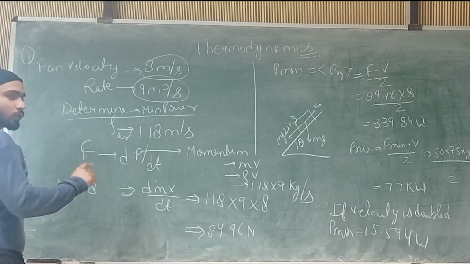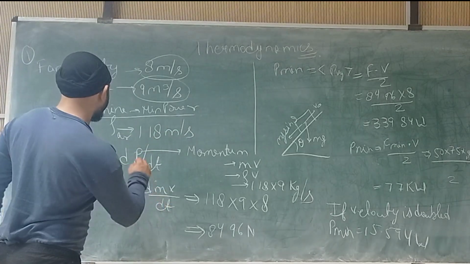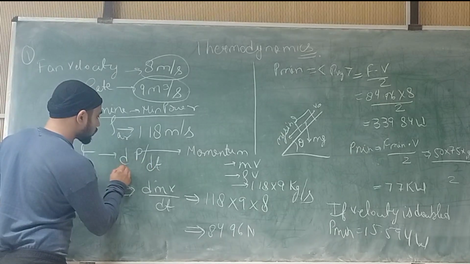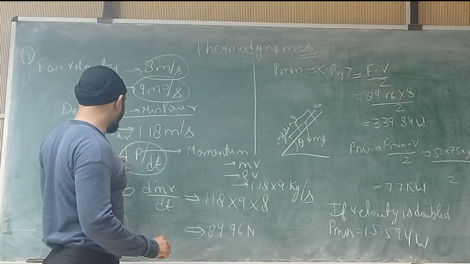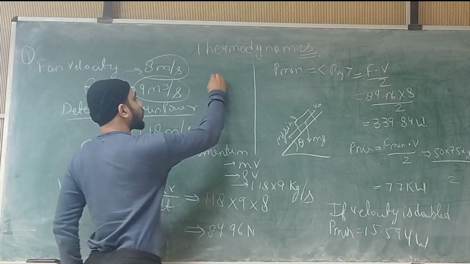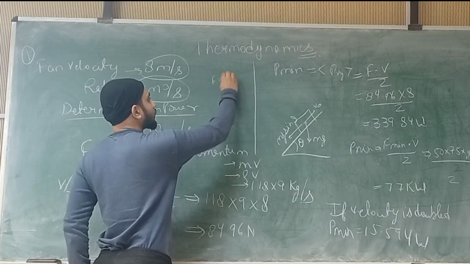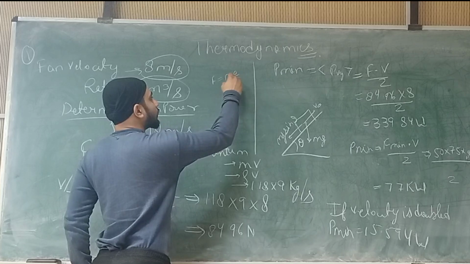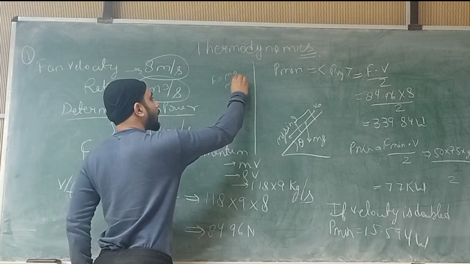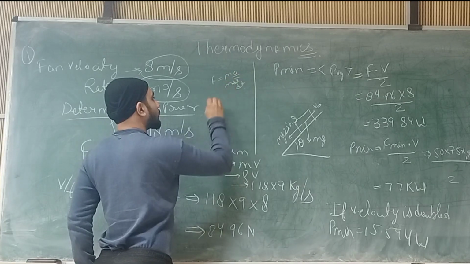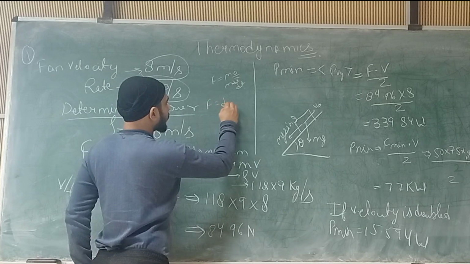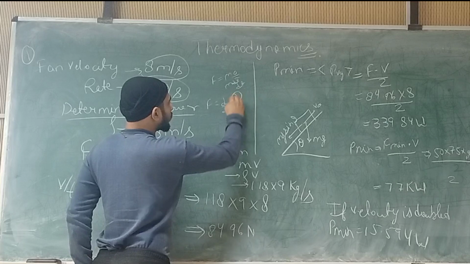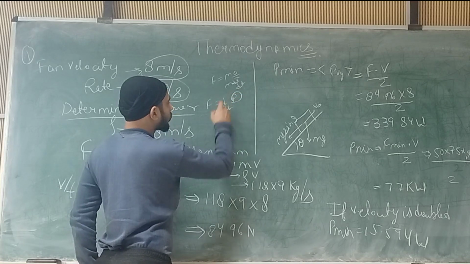Okay, so we know that the formula of force is the rate of change of linear momentum, dp by dt. The force formula we know is ma, but how did it come? From m dv by dt. So if we write the whole formula of force by momentum, it is the change in linear momentum by time.